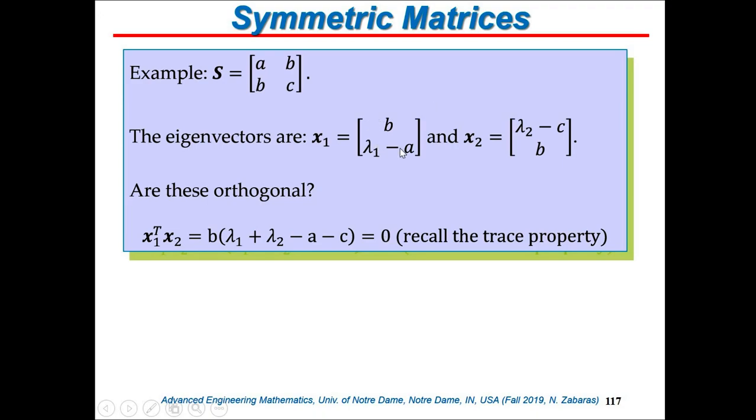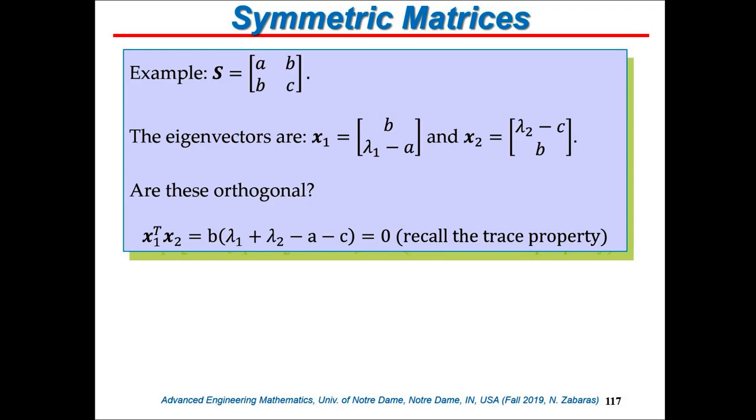So you can show the orthogonality of the two eigenvectors without explicitly computing the eigenvalues for this 2 by 2 matrix. This is a cute result that you may want to keep in mind.